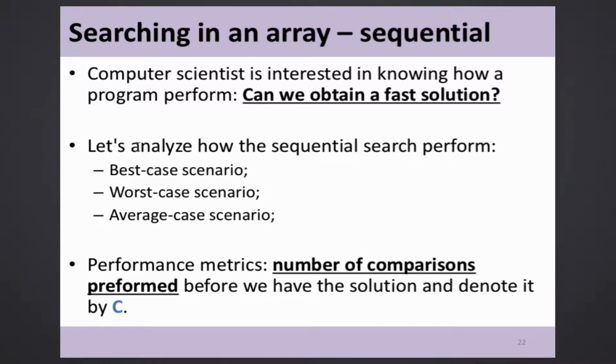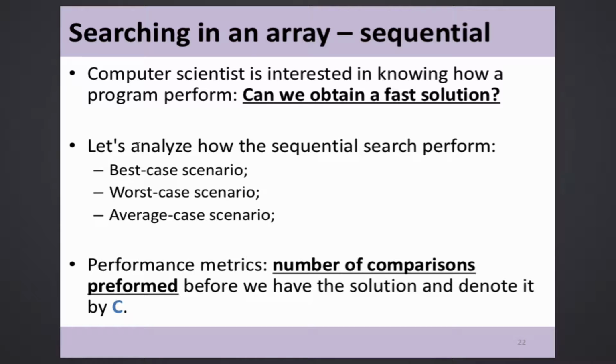Let's say this is our performance metric. I want to measure this. If the number is small, that means the algorithm is good. But what is the meaning of small? Or under which scenario should it be taken into consideration?